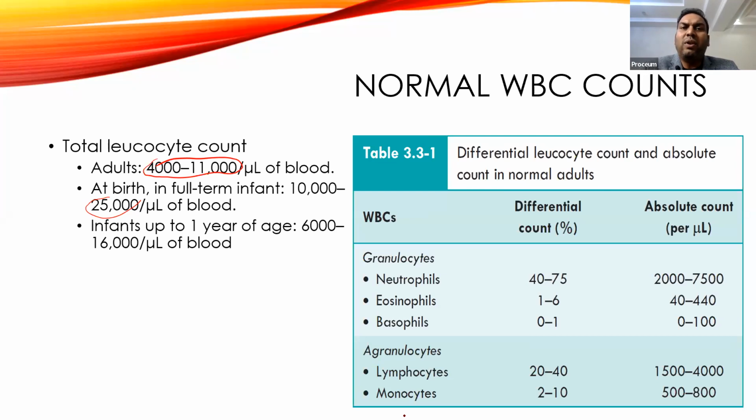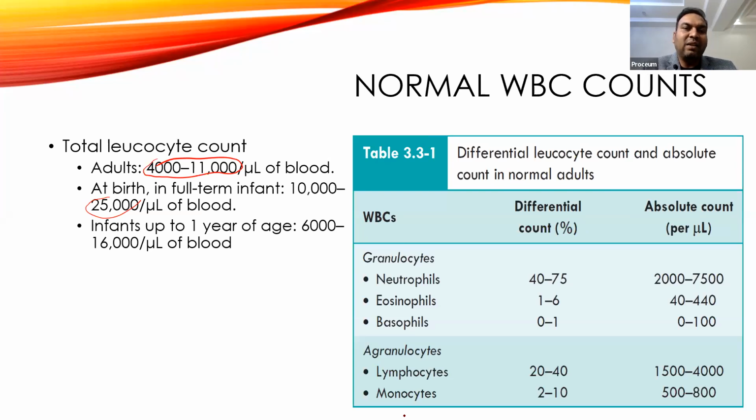The diluting fluid is called Turk's fluid, which contains methylene blue and acetic acid. This methylene blue will stain the nucleus of the WBC, and you can easily see it under a low power microscope, where you see the blue dots as WBCs, and that number of WBCs you count on a Neubauer's chamber.